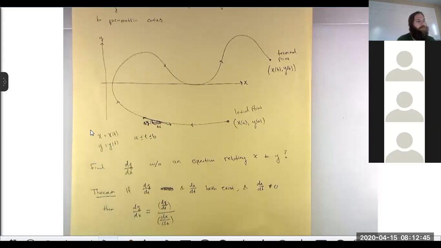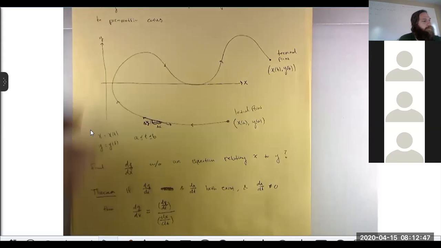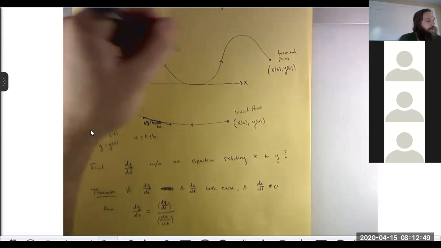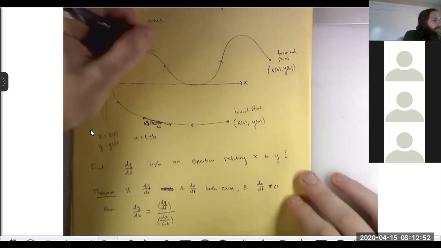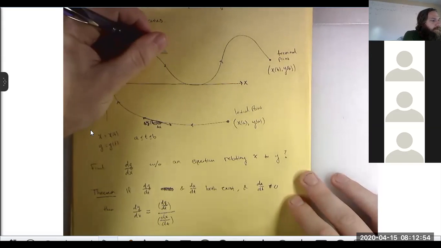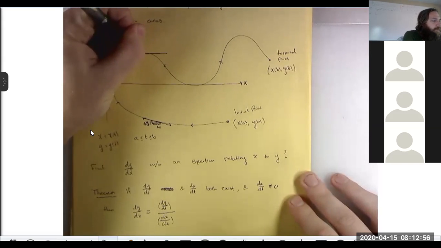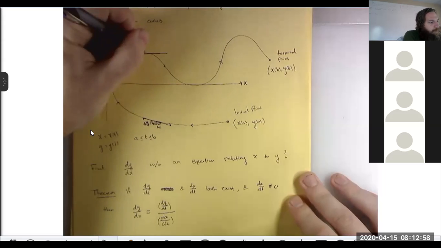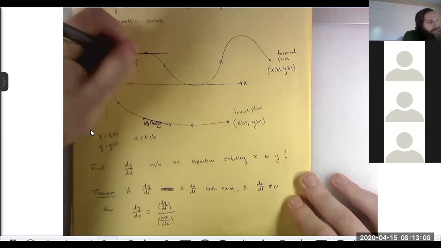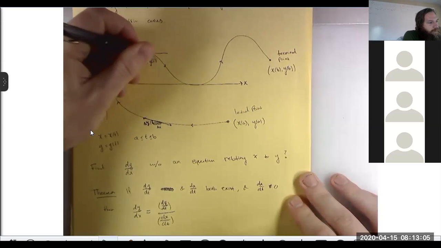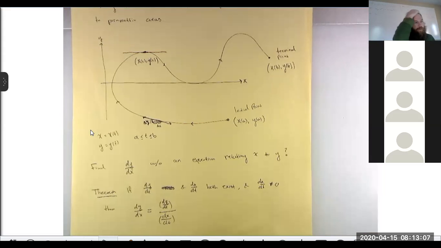So some of the things that we're going to end up looking for will be places where you have vertical tangents or horizontal tangents. For example, here, this horizontal tangent, maybe this is at the point x of c, y of c, meaning that the horizontal tangent occurs when t is equal to c.